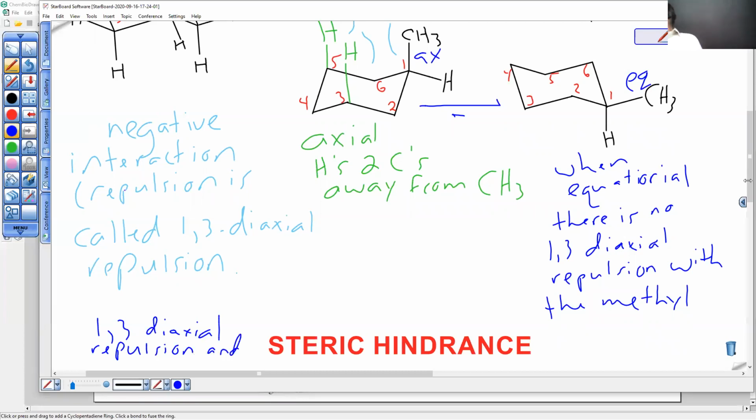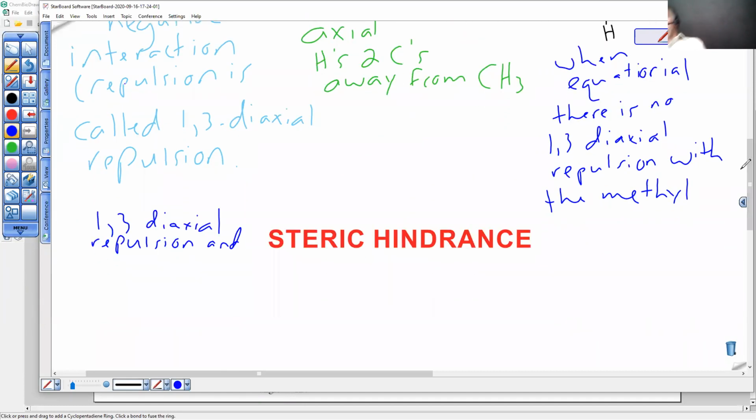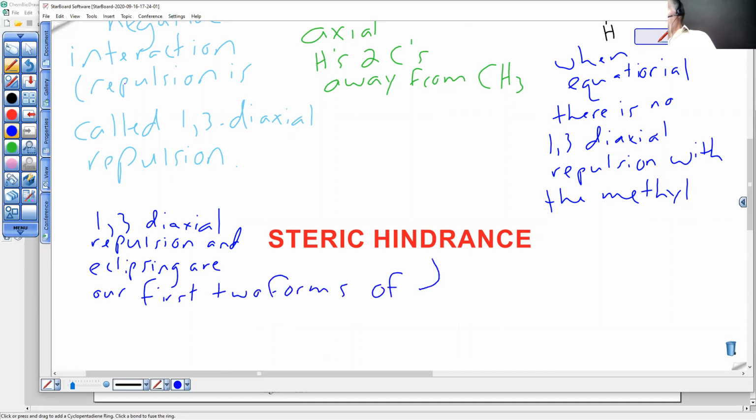And eclipsing. And eclipsing are our first two forms of steric hindrance.